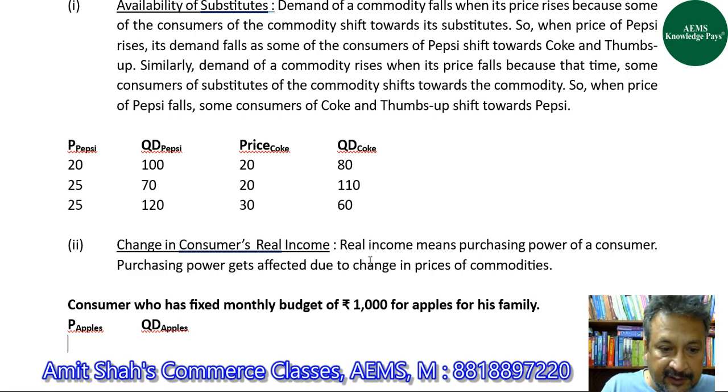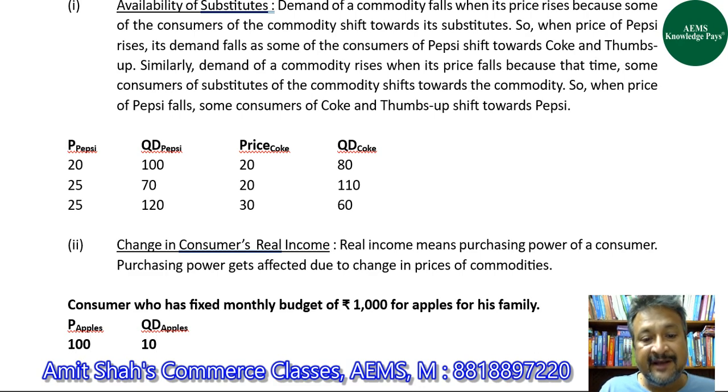So when price of apples is rupees 100 per kg, he can purchase 10 kgs and this is how he spends rupees 1000 on apples.